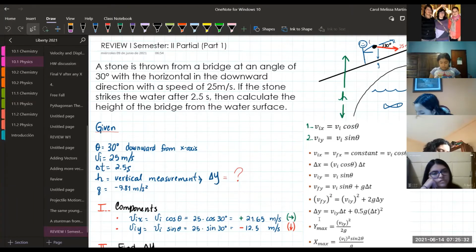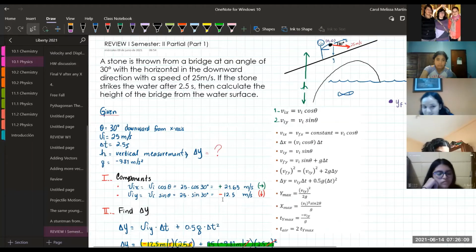And we can say that that position is 0, 0. And the stone ends right here. At what position? At a final position of negative 61.91. Okay? That's what you can say about it.